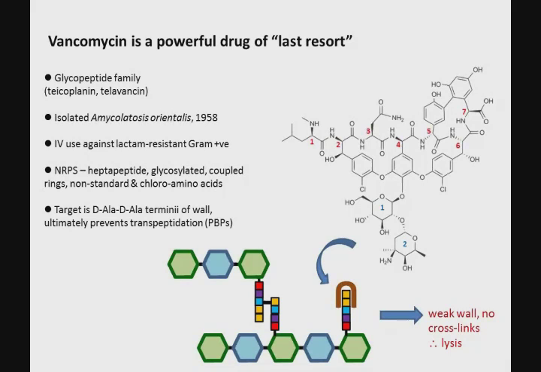It was isolated, like most of our other decent antibiotics, from a soil bacterium way back in 1958. And it's only active against gram-positives because this structure is too big to get through the porins in the gram-negative outer membrane.